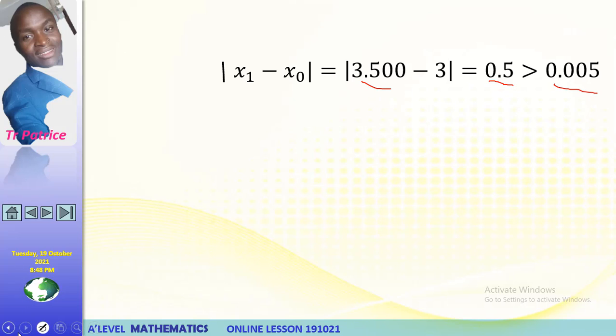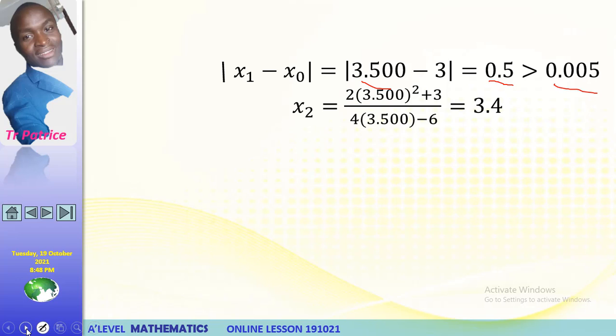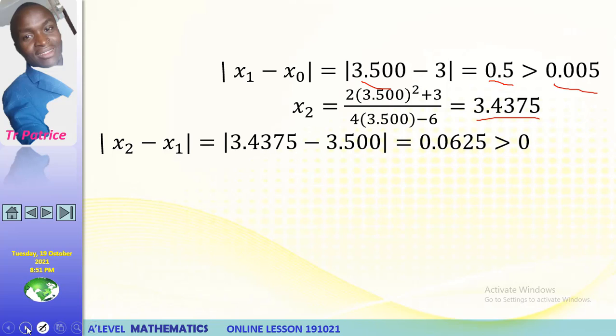Then what do we do? We go ahead and use x1 to get x2. X1 is 3.5, and if I substitute, I get 3.4375. I also check the absolute error by getting 3.4375 minus 3.500, and I get 0.0625. It is still greater than my tolerance level, and it is not close.